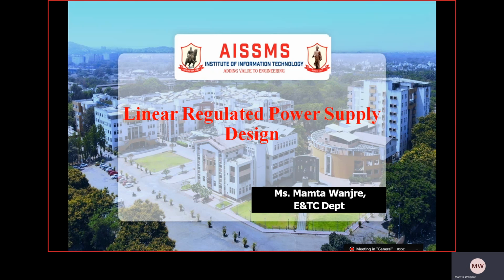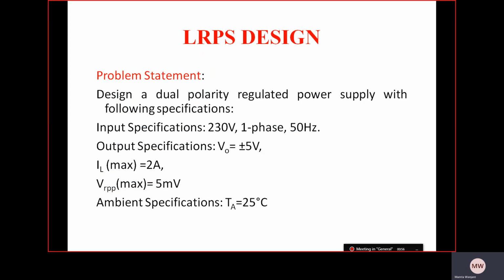Today we see the topic linear regulated power supply design. The problem statement is: design a dual polarity regulated power supply with the following specifications. Input specification: 230 volt single phase 50 Hz.